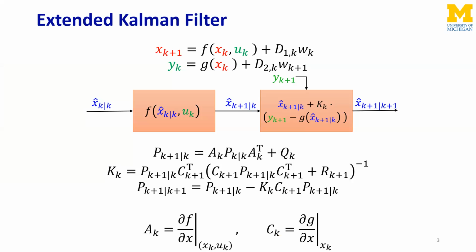Now, I showed you how you can construct the optimal filter for the LTV case, but what about nonlinear systems? You may have a nonlinear system where the dynamics is given by this function f, and the output map is given by this function g. These are not linear. They can be linear, but we assume that they are nonlinear.